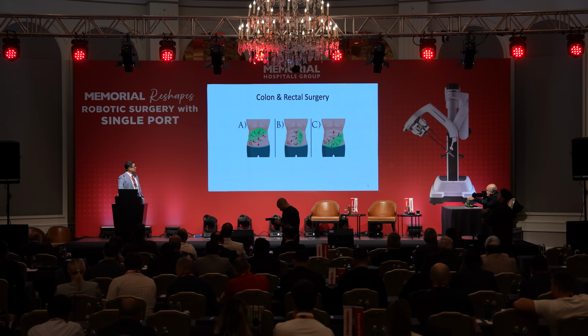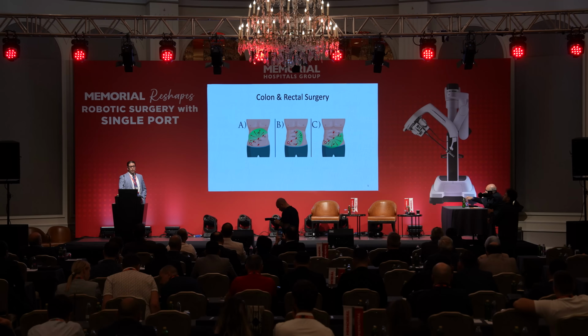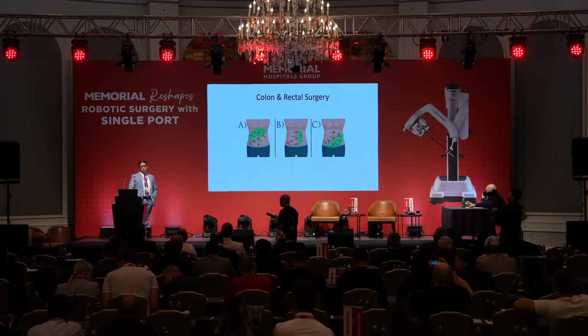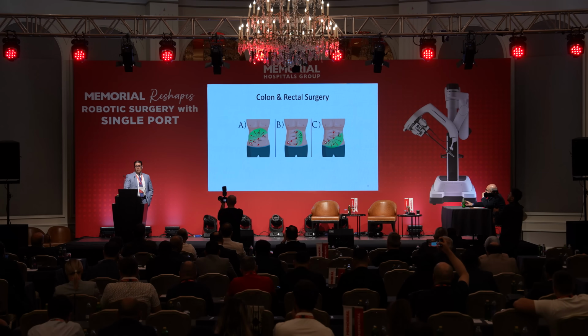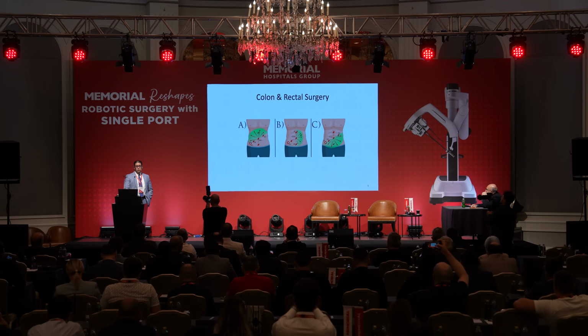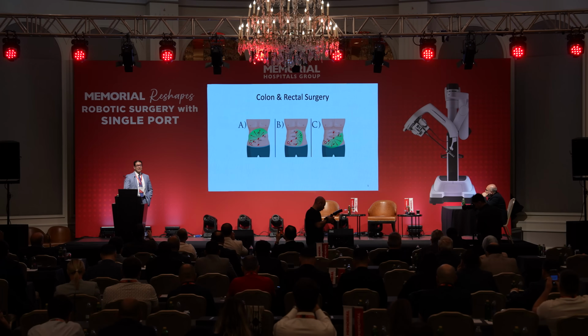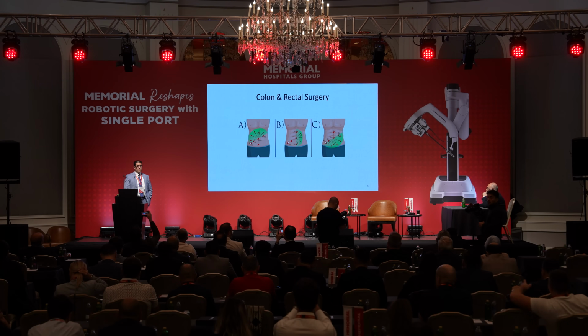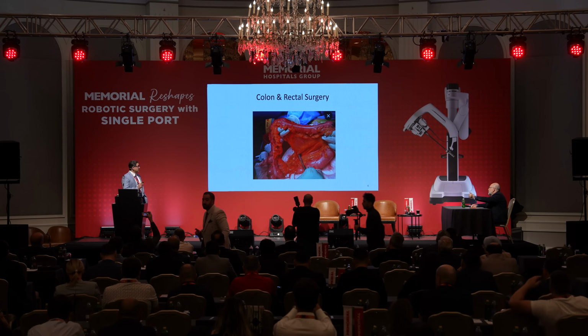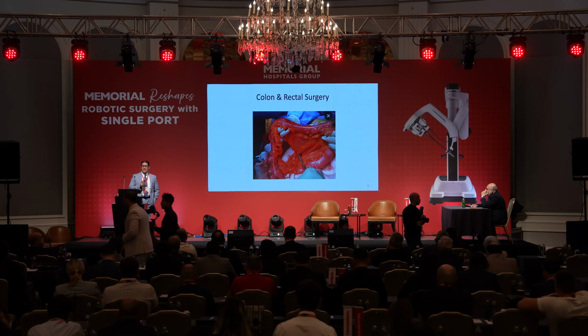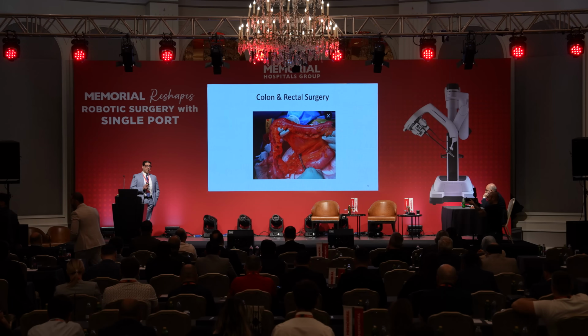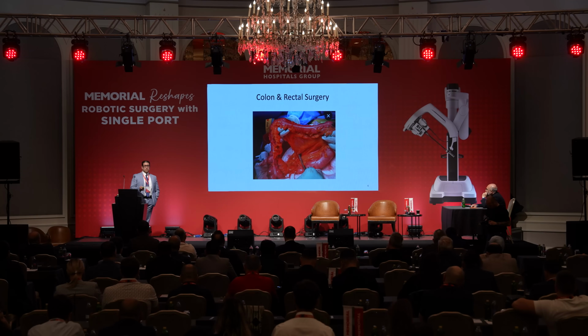However, in colon and rectal surgery, we are not single quadrant. We are not a small organ. Any case, from an ileocecectomy, the smallest segmental resection, to subtotal colectomy, you are talking about at least 2 quadrants. It's not only multi-quadrant surgery, but our organ, unlike any other organ in the abdomen and the chest, the more you dissect, the larger it becomes and the heavier it gets.